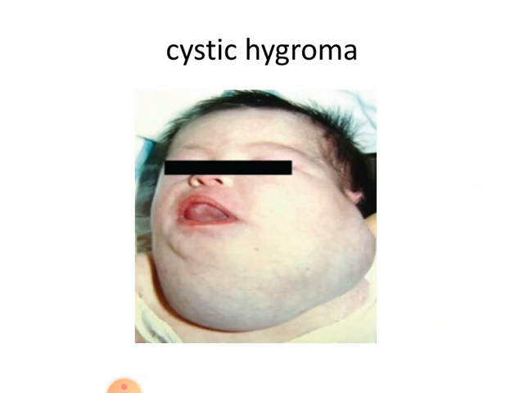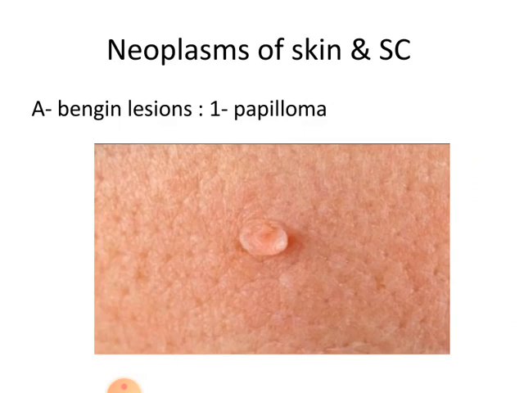The characteristic of cystic hygroma is a brilliant translucent swelling. What is the meaning of brilliant translucent? It's transparent: if I put a torch over it, light will pass through. This is diagnostic for cystic hygroma. The treatment is surgical excision.